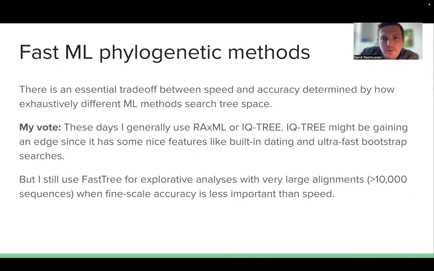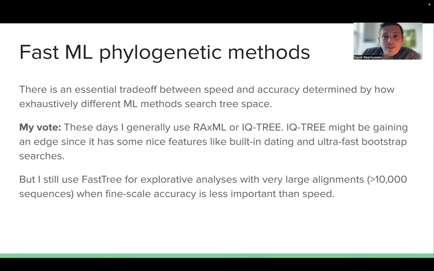So in our group, because of the sizes of data sets that we often encounter now, especially for viral pathogens, where we might have thousands, if not tens of thousands of samples, we often use these faster maximum likelihood methods. I think RAxML and IQ-TREE are our current favorites.